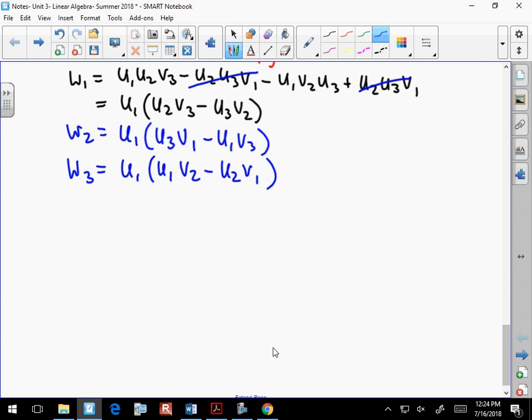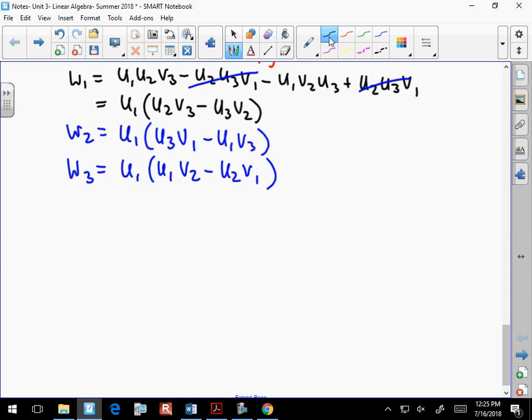Let me just see something. How would we do this? Because it's a product, and then what looks like a determinant. U1, it's got to be like right there with the formula.